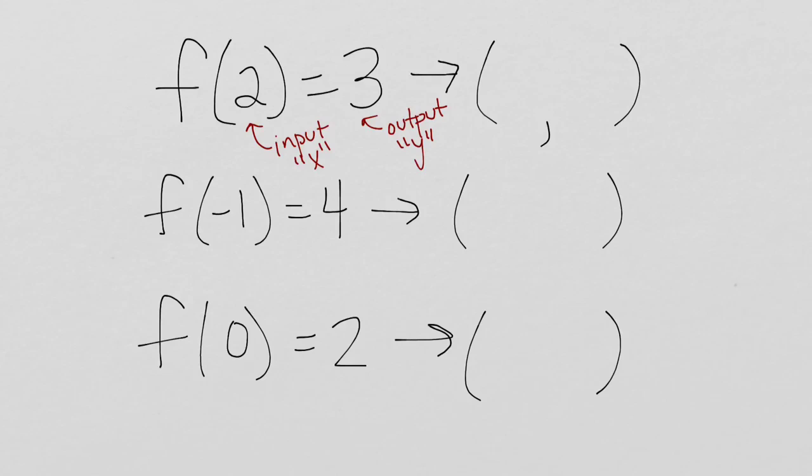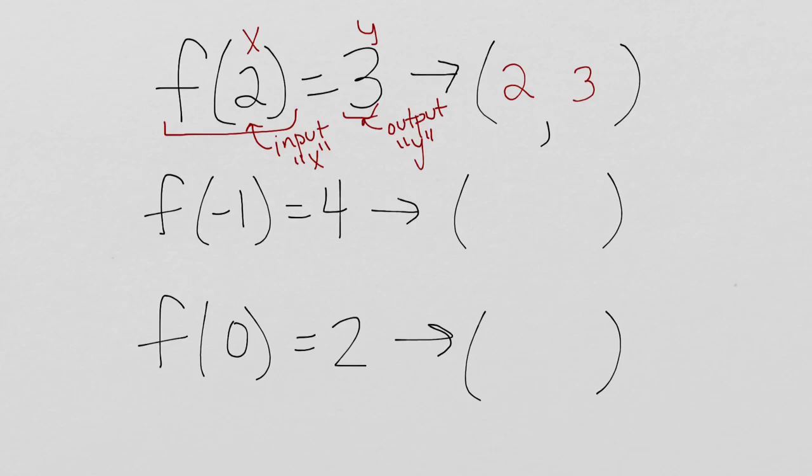So our input-output pair for this function notation is 2, 3. There's an x value of 2 that was inside, because remember we were talking f of x, so this number inside is our x. And then when we put in the x to whatever function we're talking about, it popped out a y value of 3.